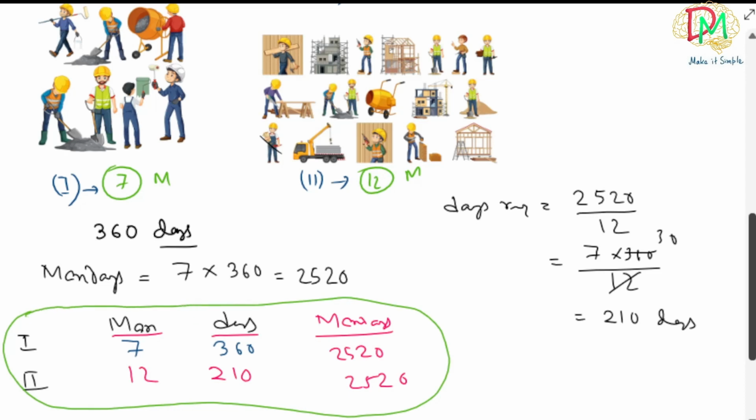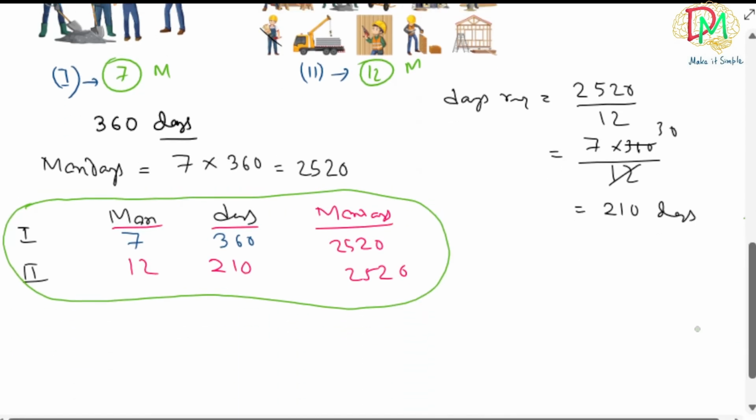Here it is very clear that when manpower increases, as in the second case, the days decrease, meaning they are inversely proportional. So we can say that manpower required and days needed are inversely proportional.